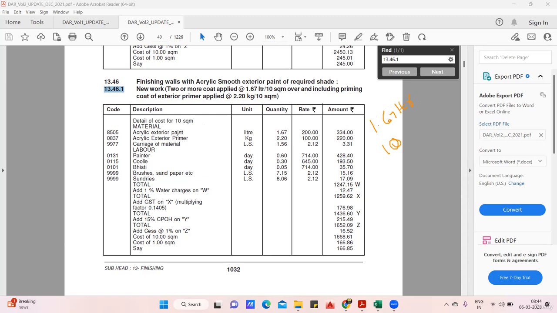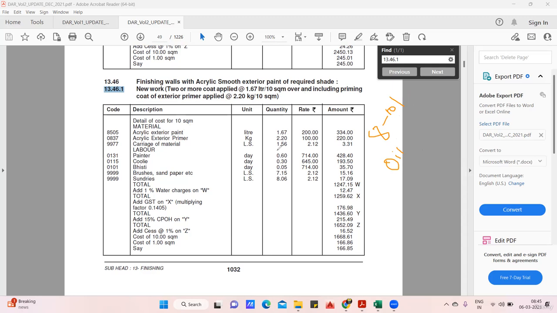If somebody asks you how much exterior paint will cover, you can tell 1.67 liter per 10 square meter. Based on that, if it is 100 square meter, it will be almost 16.7 liter. You're getting my point, no? So this also you can keep as a thumb rule. Otherwise, the thumb rule I told earlier was that 8 to 10 square meter will be covered by 1 liter of paint. That is for an oil bound paint. Different paints will have different coverage, but as a thumb rule, you can go with that. Or even if somebody asks you for a specific acrylic exterior paint, you can remember this.